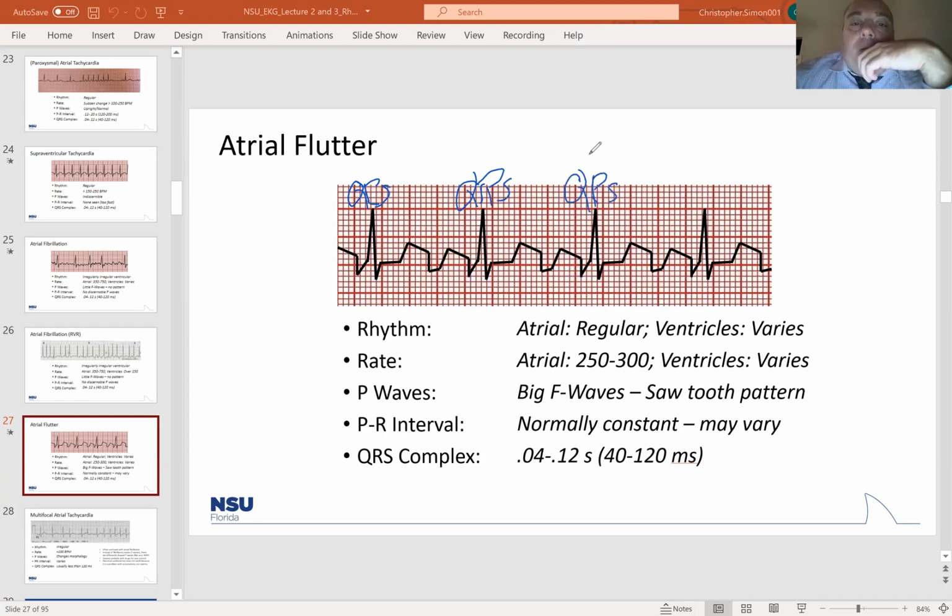A lot of times what happens with these flutter waves, these are your flutter waves, is that they overtake the T wave, right? And the T wave kind of gets buried under the flutter wave. What's going to happen is that we're measuring amplitude. So when two things happen at the same time, the thing that uses more electricity is going to be the thing that you see.